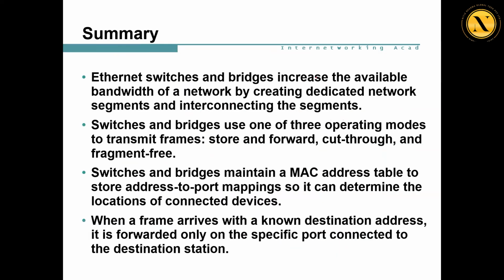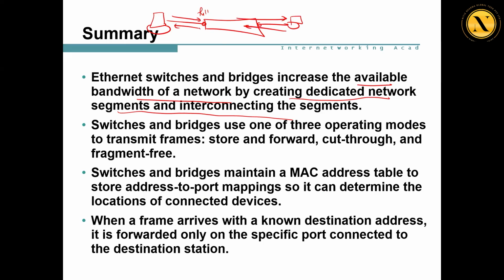Ethernet switches and bridges increase the available bandwidth of a network by creating dedicated network segments and interconnecting the segments. Let's say they are 100 Mbps ports. So they run full duplex. So it can send and receive both things simultaneously. So throughput goes up: 100 receive, 100 send.